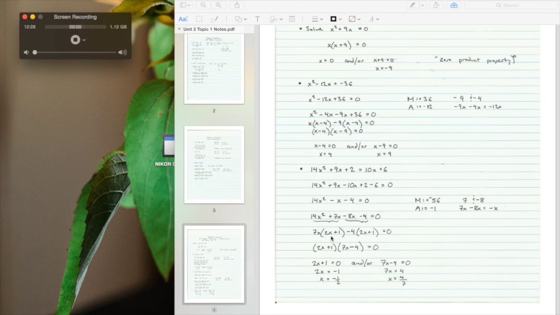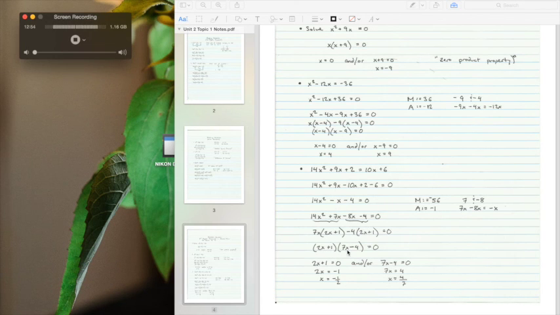When we divide the first term by it, we're left with just a 7x. When we divide the second term by it, we're left with just a negative 4. So 2x plus 1 times 7x minus 4 is our completely factored version of the polynomial in this equation on the left-hand side when we moved it over.